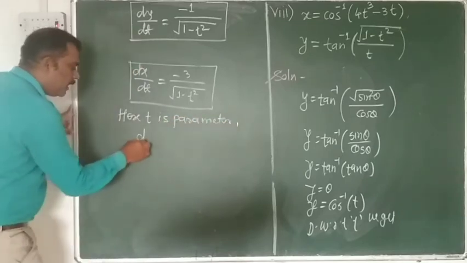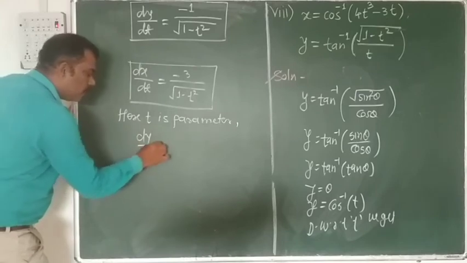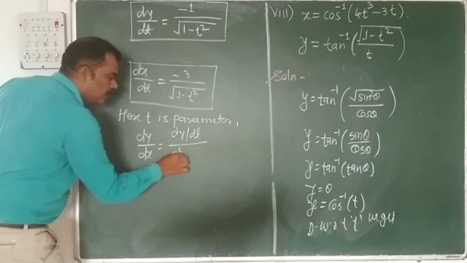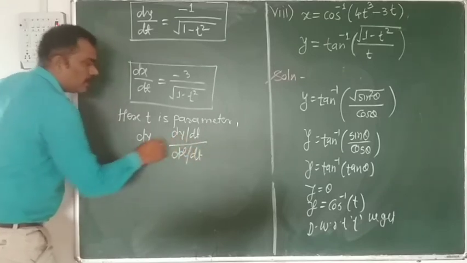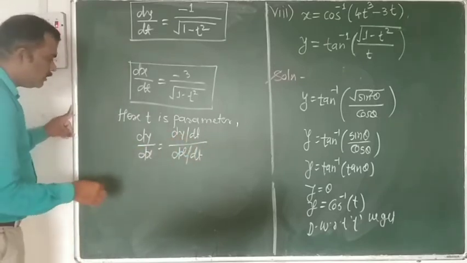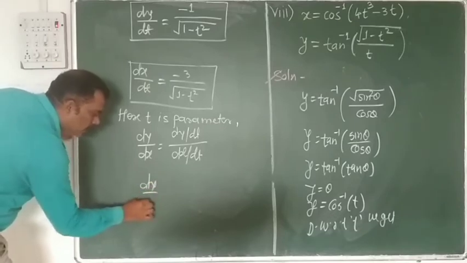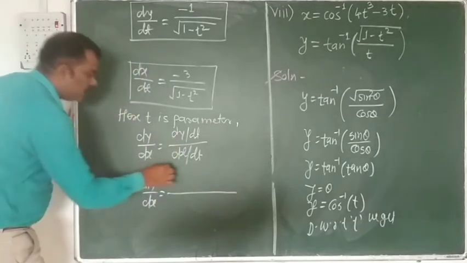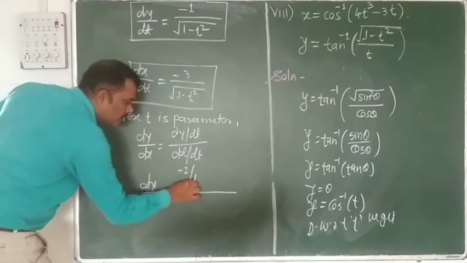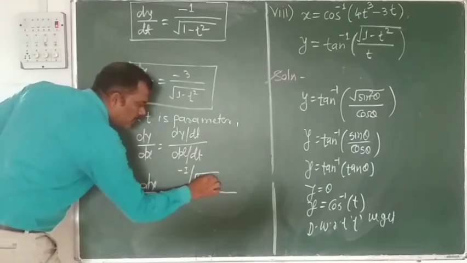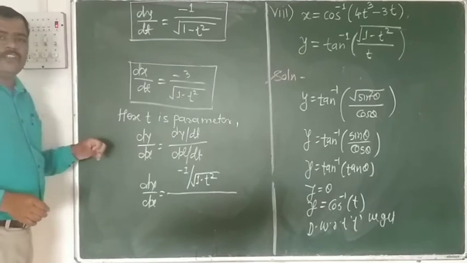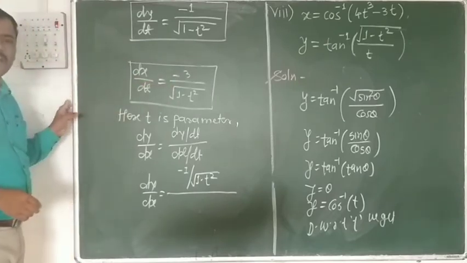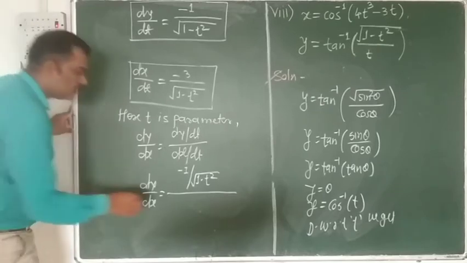Therefore, we can write dy by dx is equal to dy by dt divided by dx by dt. Now we substitute the corresponding values. What is the value of dy by dt? Minus 1 upon the square root of 1 minus t square. What is the value of dx by dt? Dx by dt is nothing but minus t divided by the square root of 1 minus t square.